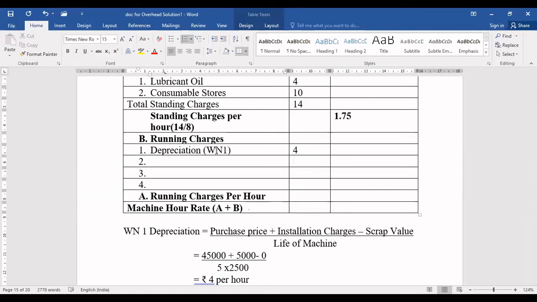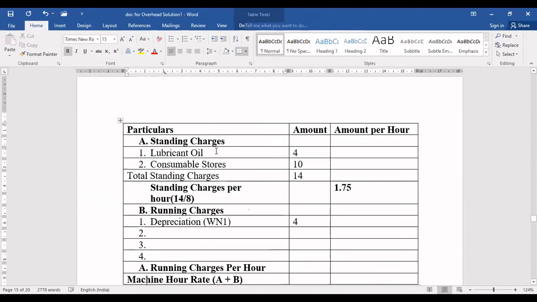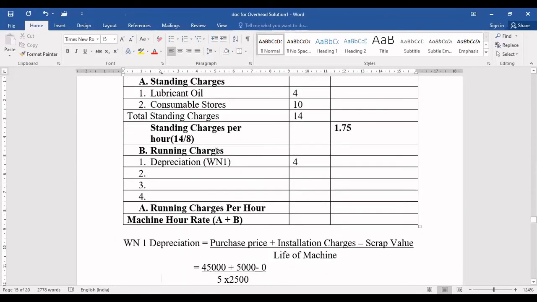Now, next running charge. Sir, again this calculation. Yes, here you have to do the calculation very carefully. Everything cannot be solved together on the calculator. First solve the numerator, then solve the denominator, then finally do it again.